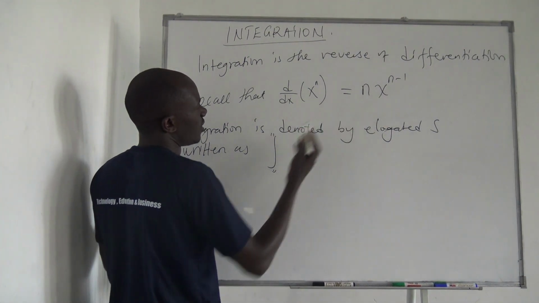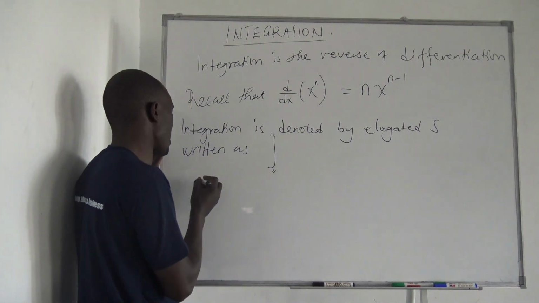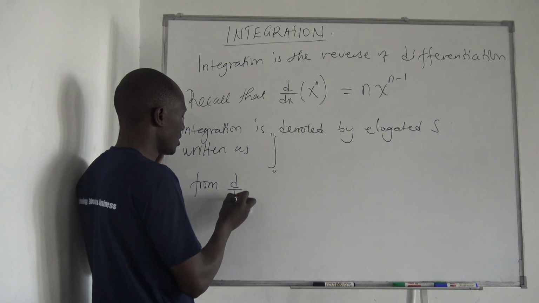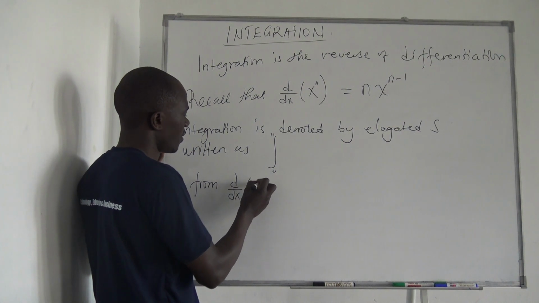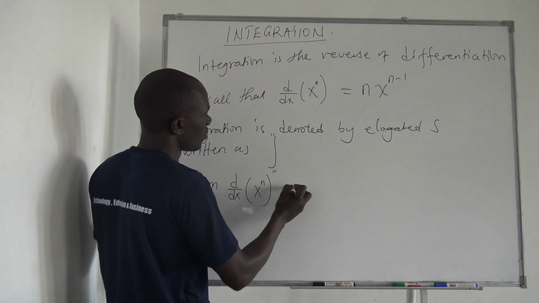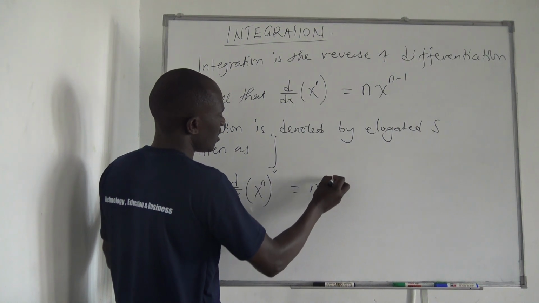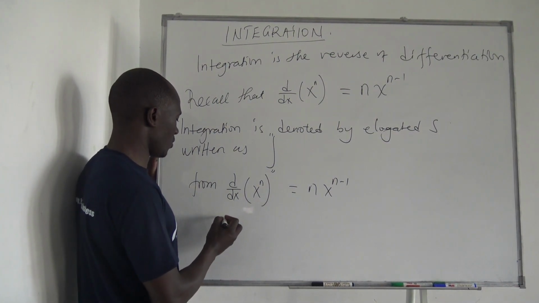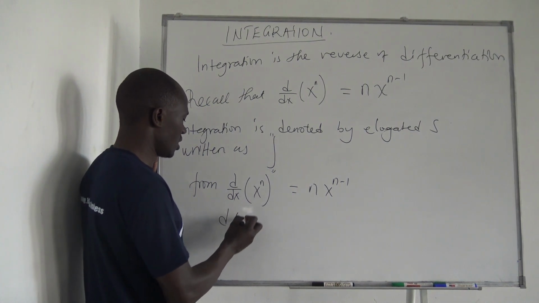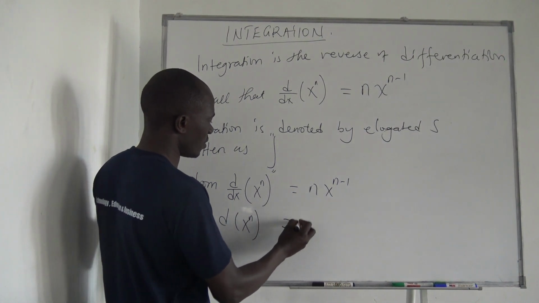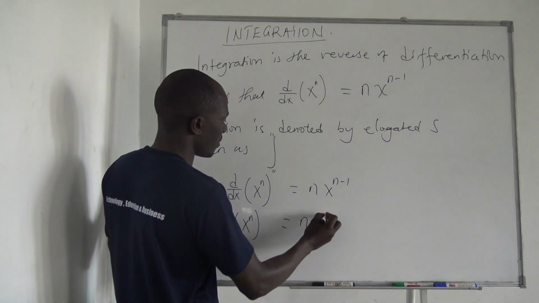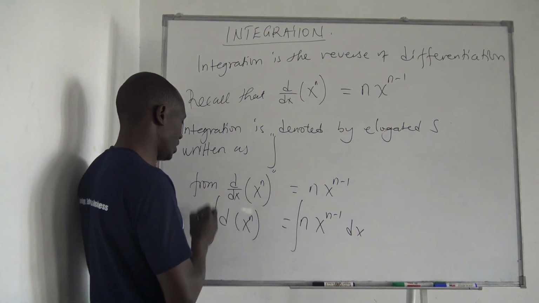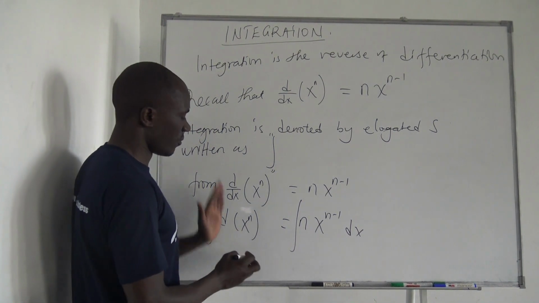So from here, if we multiply out by dx from d dx of x power n equals n x power n minus 1, we remain with d x power n equals n x power n minus 1 dx. Now when we integrate, this is the symbol for integral.